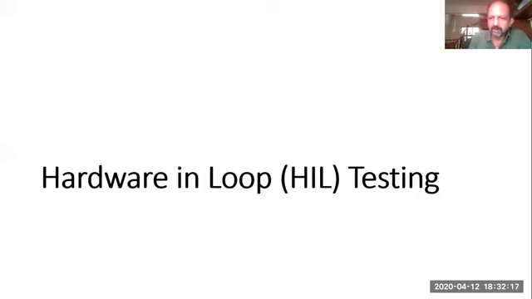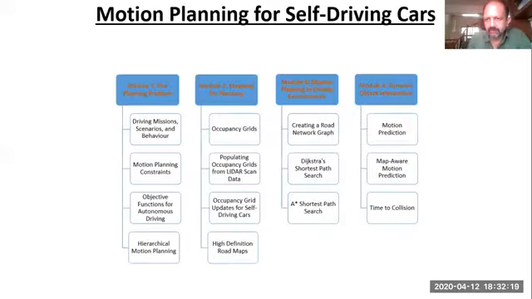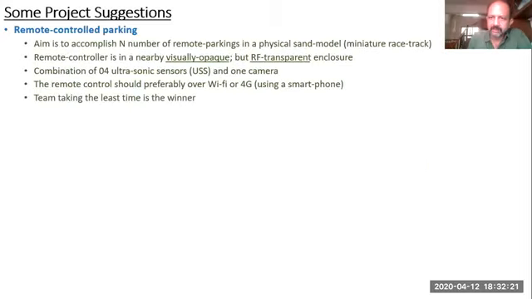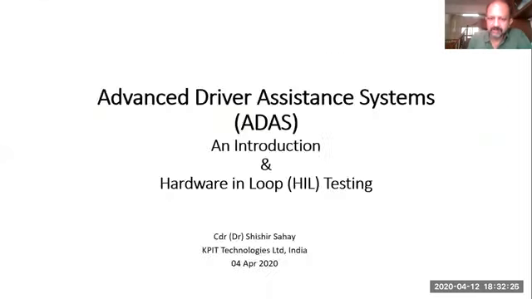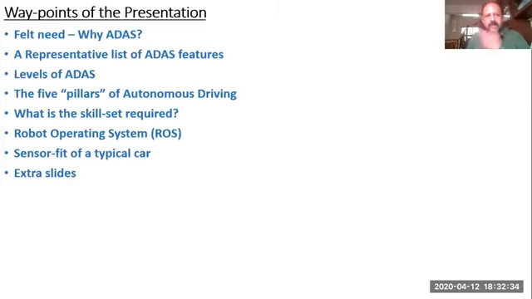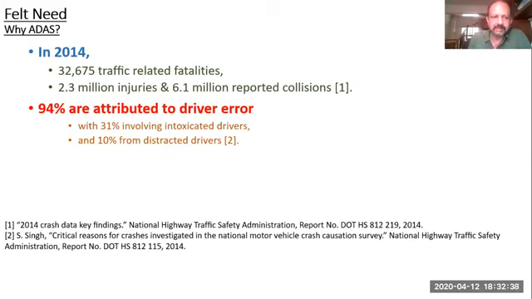Before I even go there, very quickly, I will go to the first slide so that the audience has a very quick revision of what I covered. As you can see, the second part was hardware in loop testing. What was the felt need for ADAS?